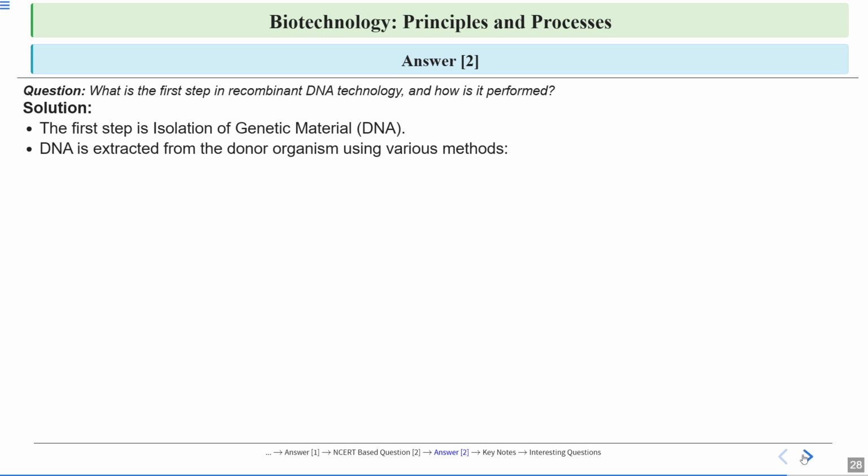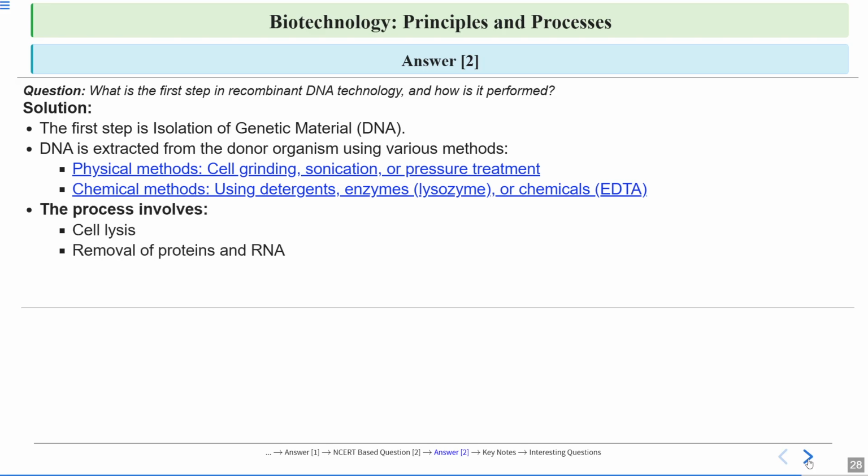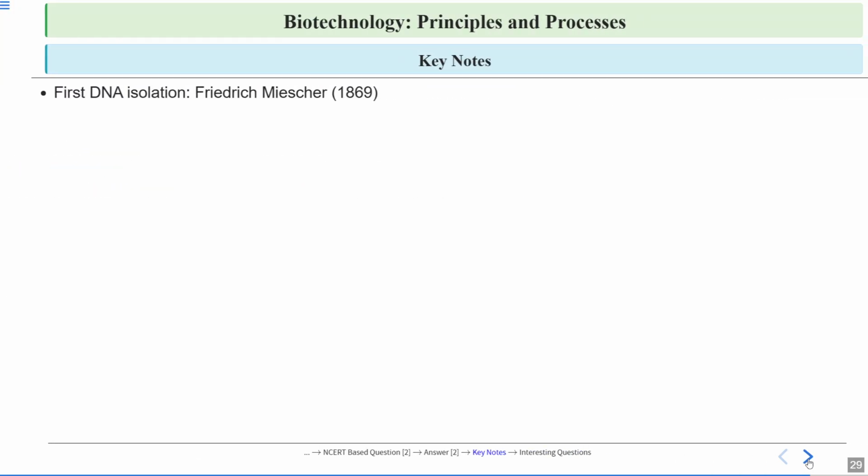The DNA is extracted from the donor organism using various methods: physical methods such as cell grinding, sonication, in which we use ultrasound waves, or pressure treatment, or chemical treatment like using enzymes, or chemicals like EDTA. The process involves cell lysis, that is removal of the cell wall and cell membrane, and removal of protein and RNA. Then precipitation of DNA happens when we add chilled ethanol. Then DNA purification is the last step.